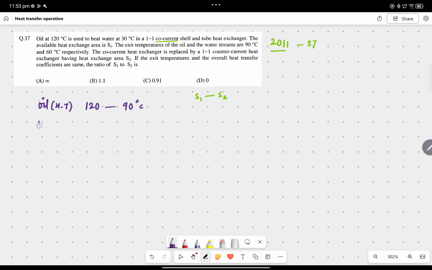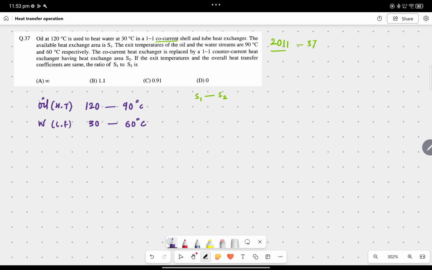And the water, that is the cold fluid, has an entering temperature of 30 degrees Celsius and the exit temperature is 60 degrees Celsius. So heating has been done for this cold fluid, right?